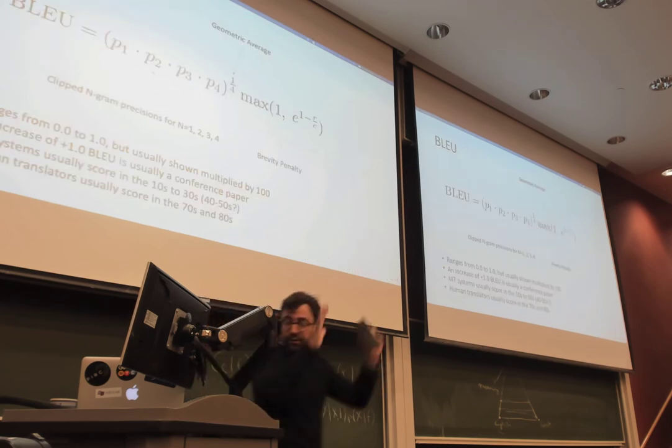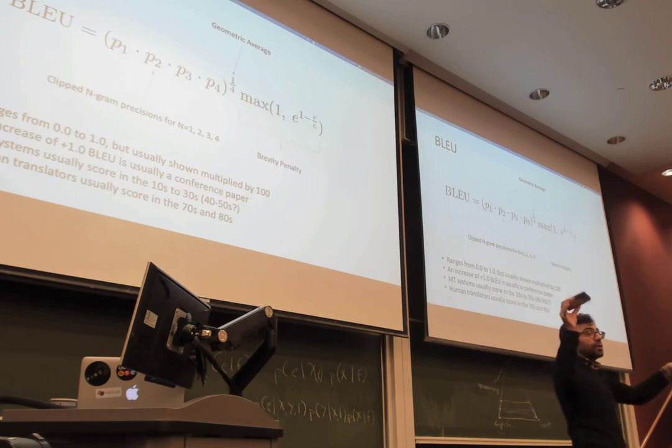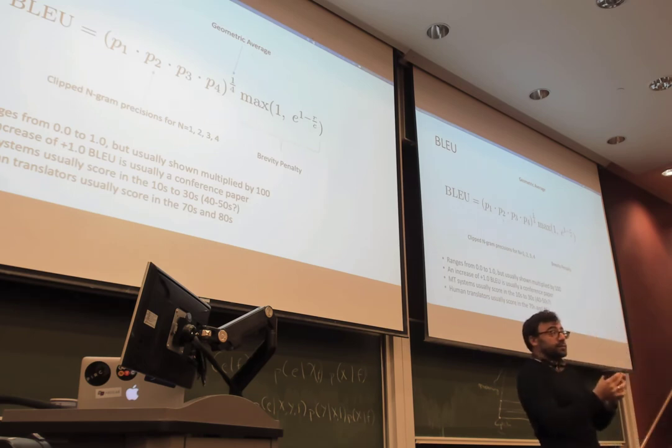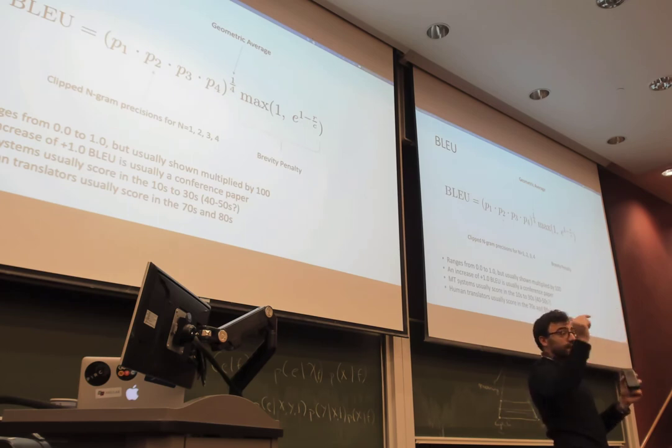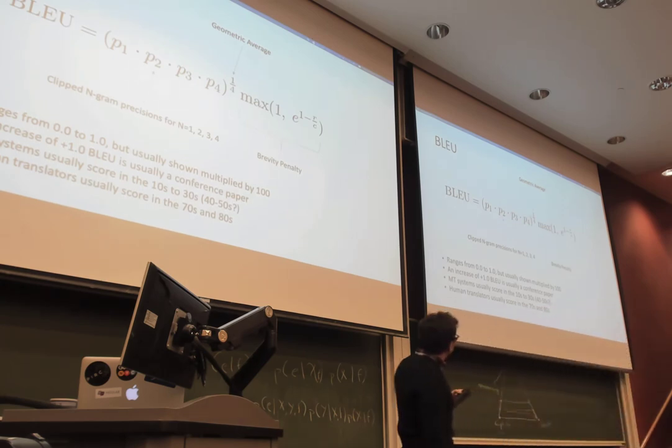So the complete calculation for BLEU is a geometric average of all the n-gram precisions for unigrams, bigrams, trigrams, and 4-grams, but they are clipped, so the precision is calculated so that you exhaust the reference word when you have matched to it, times a brevity penalty. That's actually a score between 0 and 1.